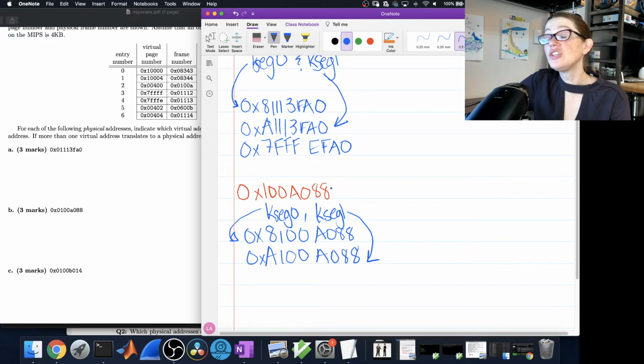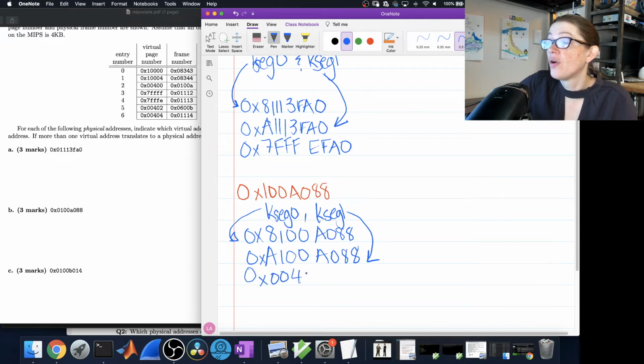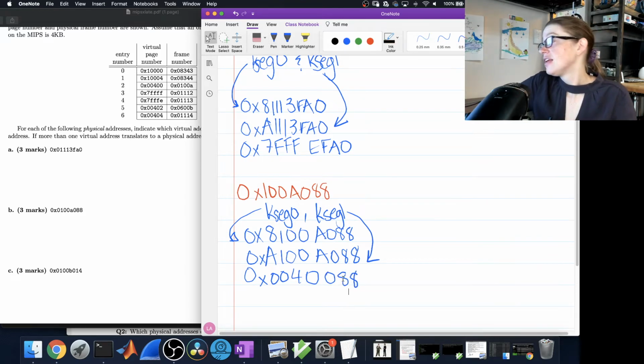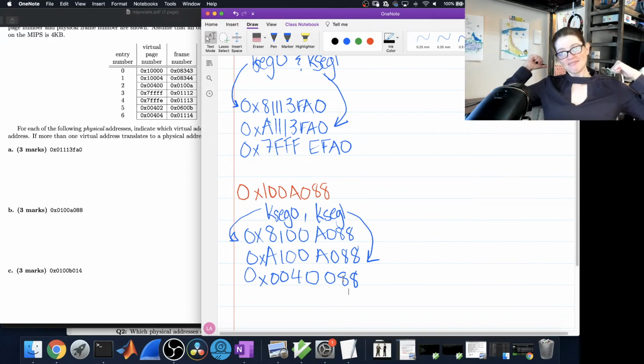And now I'm going to look it up in the page table by looking up the frame number. So my frame number is 0100A. And I looked that up and I do find it. So I'm going to get 004088. So there you go. That's going backwards.